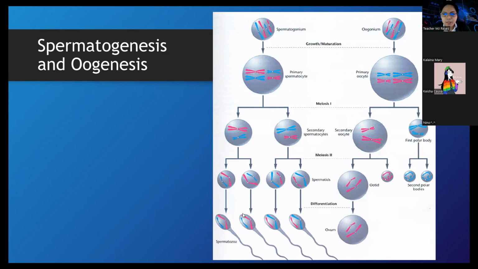What happened to the three? The three ootids will actually disintegrate and become polar bodies. Every month a female body creates a healthy ovum or egg. So that's the reason behind it.